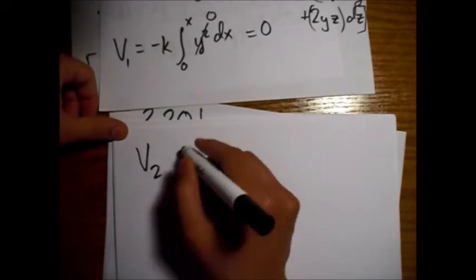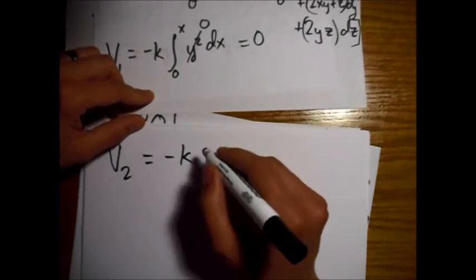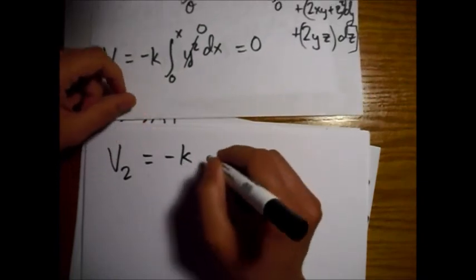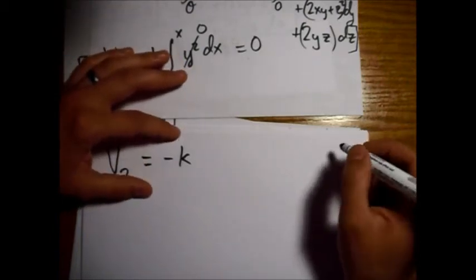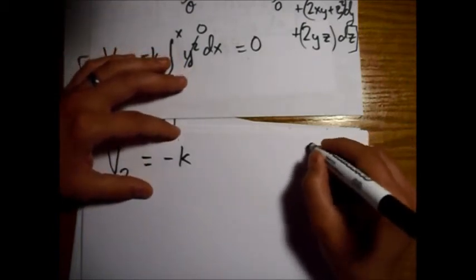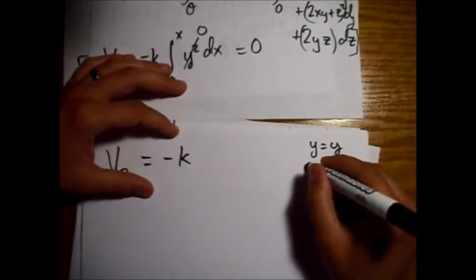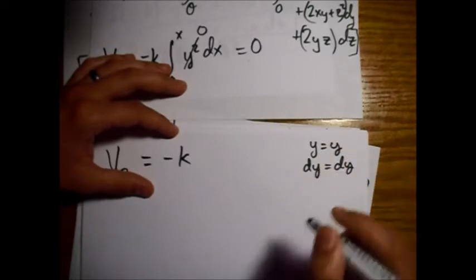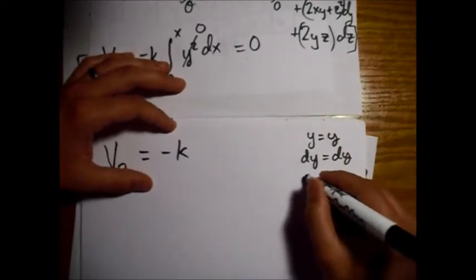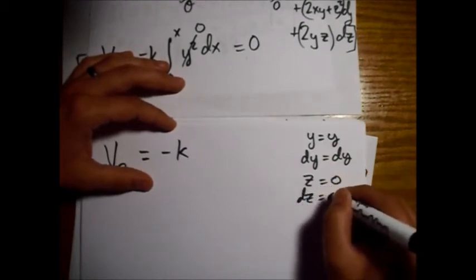Our second leg, now we are going to go along y. So we have y equals y, dy equals dy. But this time, z equals 0 still, dz equals 0 still.